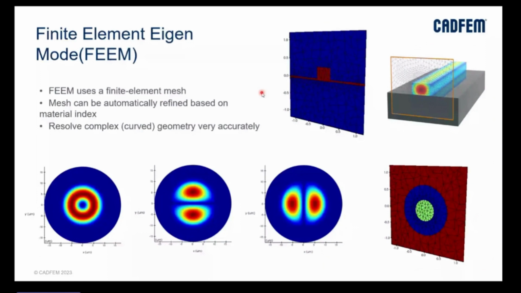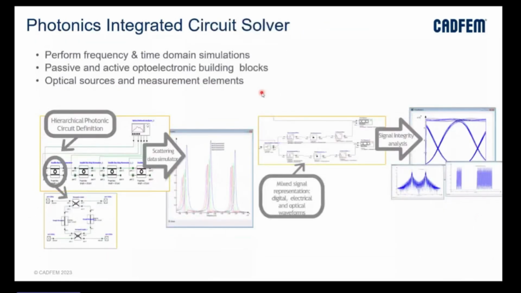Last but not least is the photonic integrated circuit tool. I was talking about this earlier. It's basically a system-level simulation tool. It can perform frequency and time domain simulations for designing various optical systems. For example, if you want to design a WDM multiplexer, you need this circuit-level simulation tool, because a particular WDM circuit consists of different optical components.